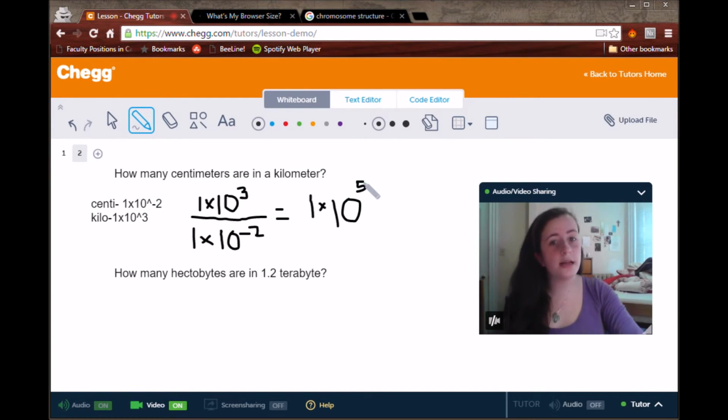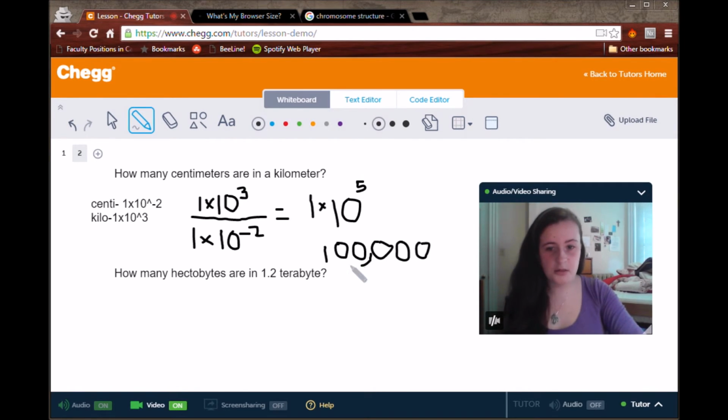So there are 1 times 10 to the 5th centimeters in a kilometer, which is the same as 1, 2, 3, 4, 5, 100,000 centimeters in a kilometer.